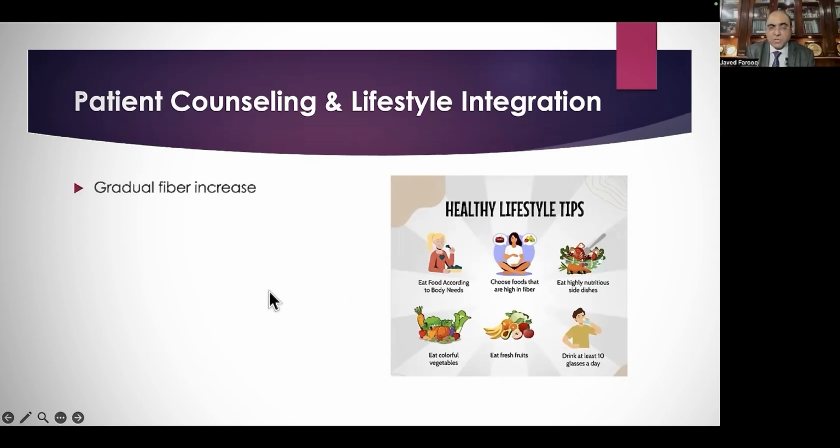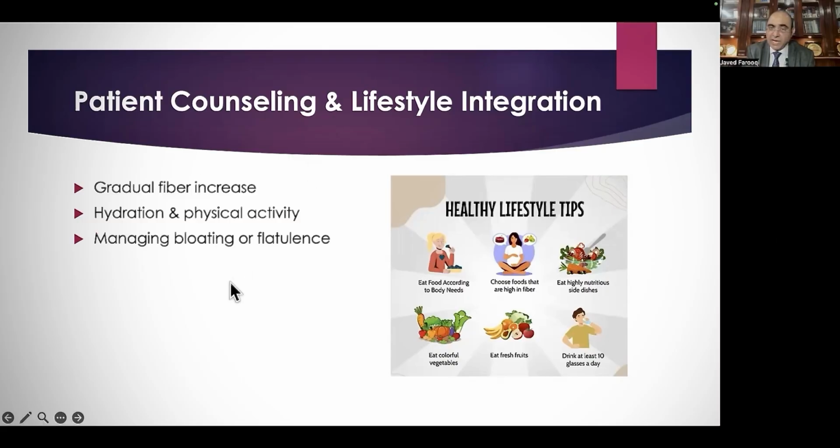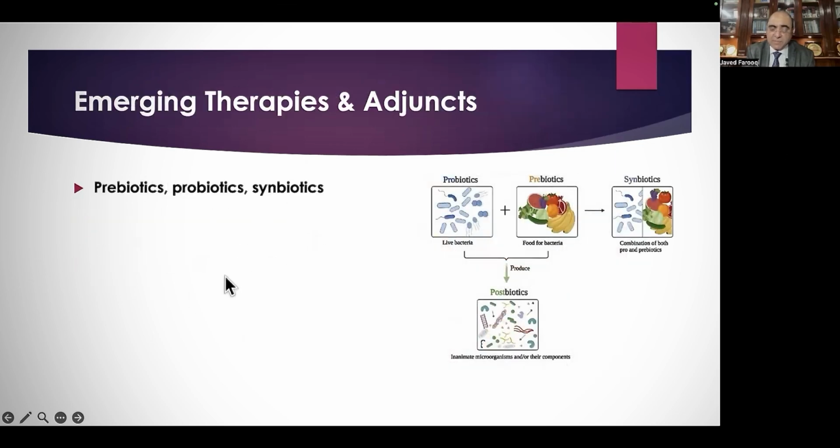So the patient should increase the fiber gradually. Hydration and physical activity are a must, along with managing bloating and flatulence, and combining soluble and insoluble fibers. So all these are important points for the counseling of these patients.